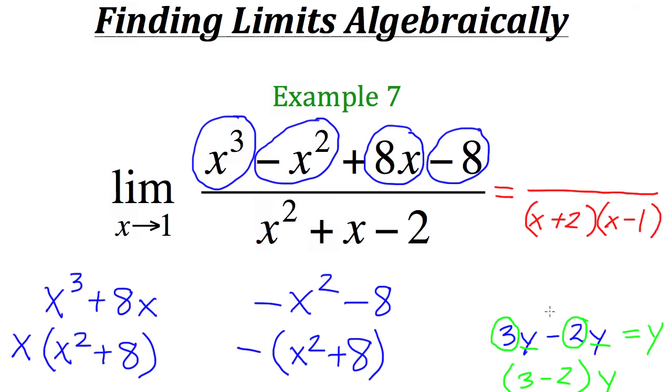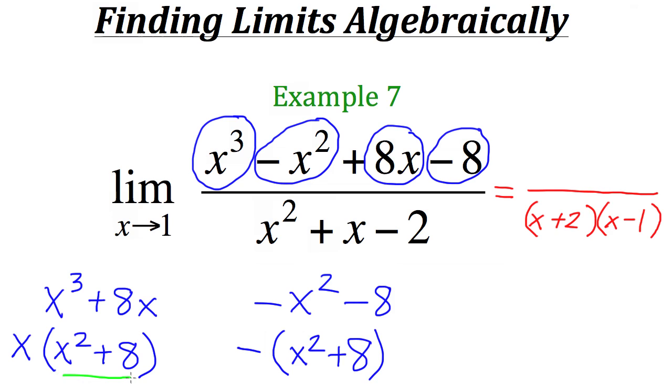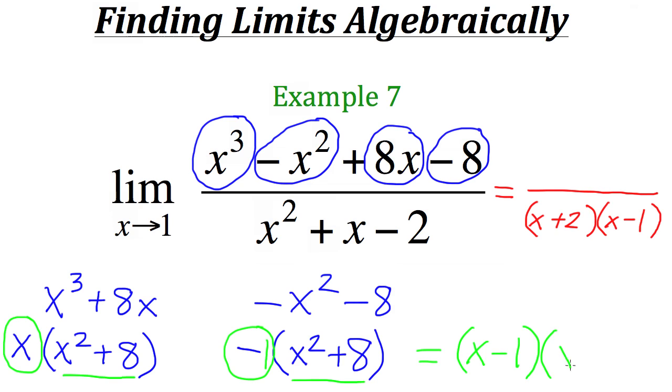Now knowing that, let's apply it for what we have here. So first of all, we have the same quantity for both terms. And then as coefficients, we have an x and this invisible negative 1. So what we could do is combine those coefficients together. So we have x minus 1 times that quantity that they both share, which is x squared plus 8.